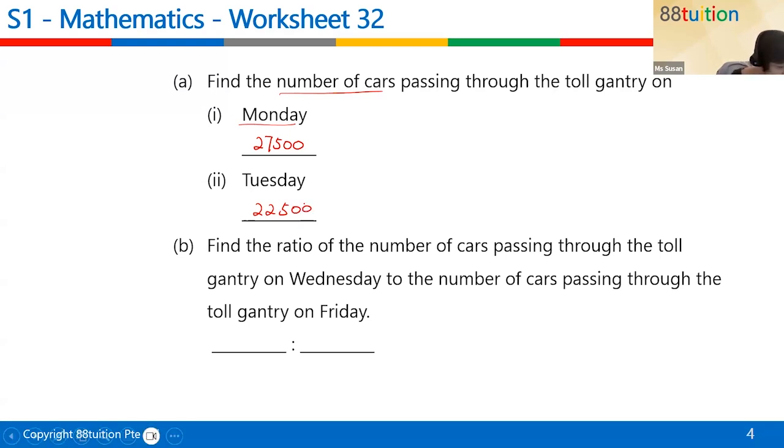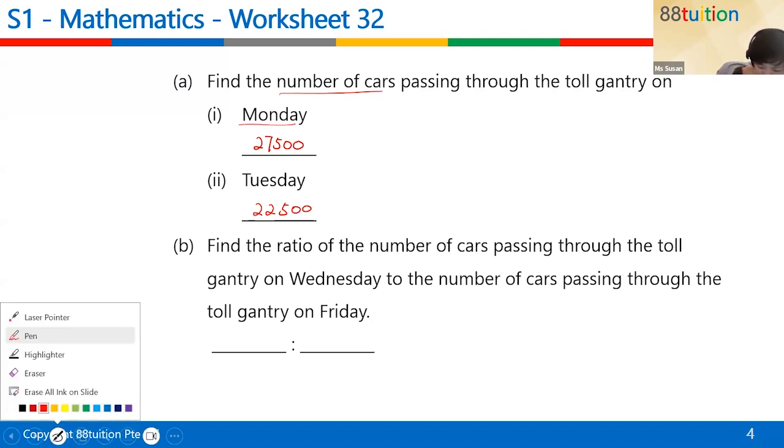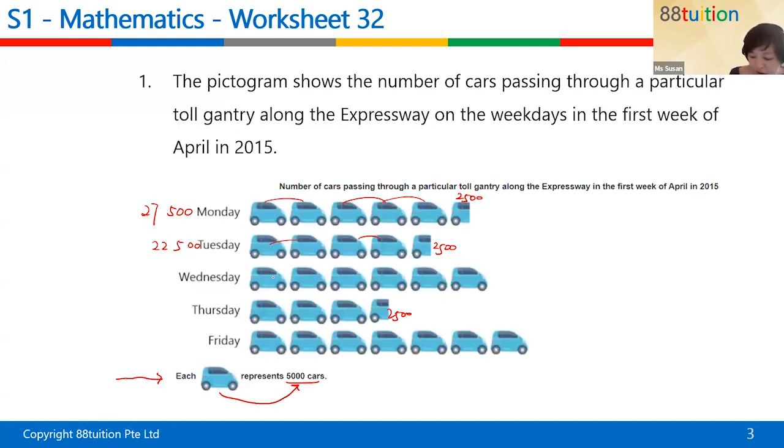Find the ratio of the cars passing through the gantry on Wednesday to the cars passing through the gantry on the Friday. So this is asking for Wednesday and Friday. So meaning to say we still have to do 10,000, 20,000, 25, 27. Okay, 27 here. Then Thursday is 10, 15, 17.